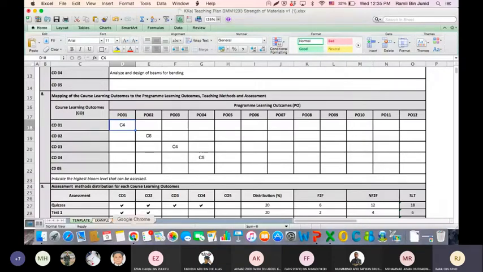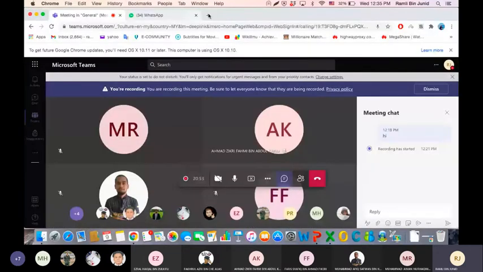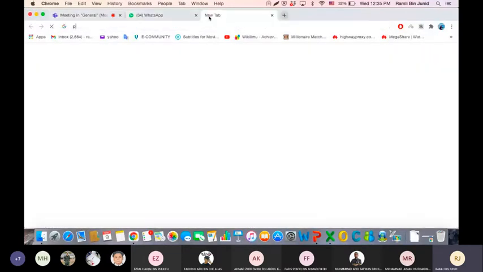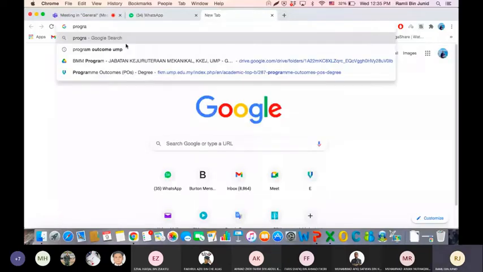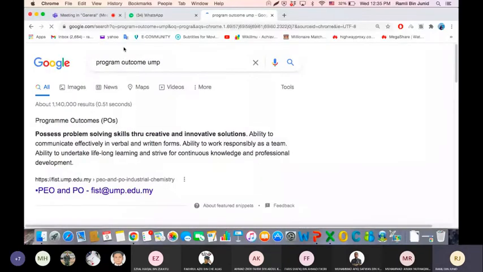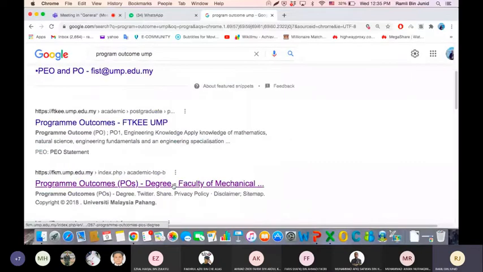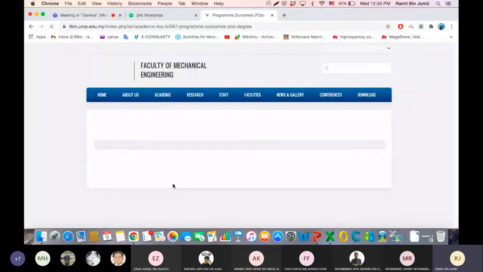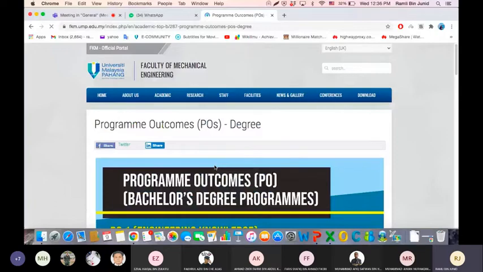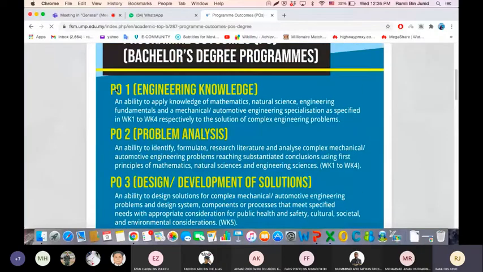If you are not sure what your program outcomes are, you can just Google program outcome UNP. It is the same for mechanical engineering or chemical engineering. It has 12. So what is PO1, what is PO2? By the end of your 4 years in UNP, you must have the ability to apply knowledge of mathematics, natural science, engineering fundamentals, and so on.